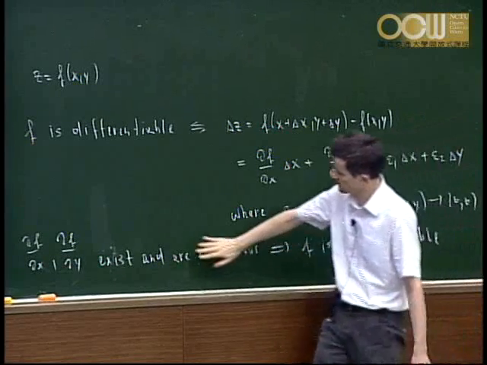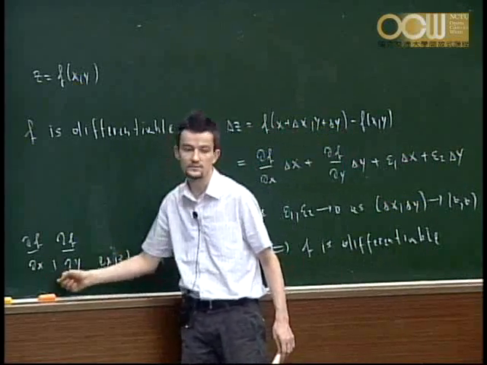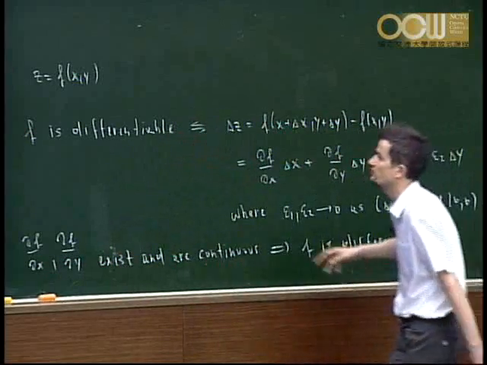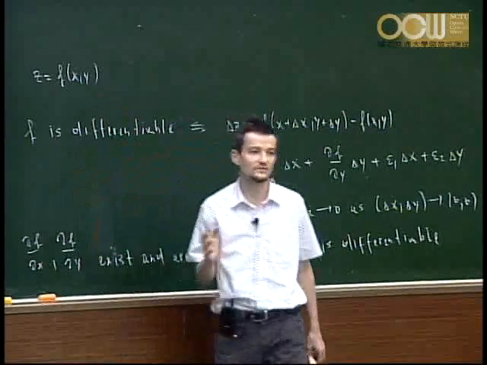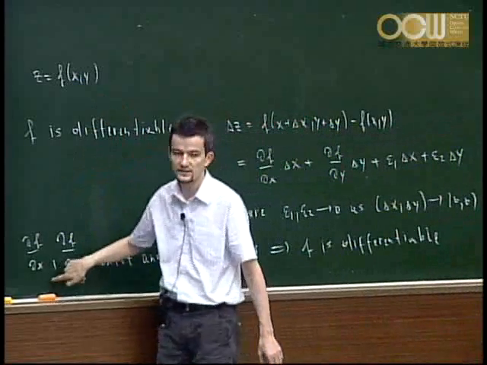And this assumption here, continuous, cannot be dropped. So it's not just enough to assume that the partial derivatives exist.